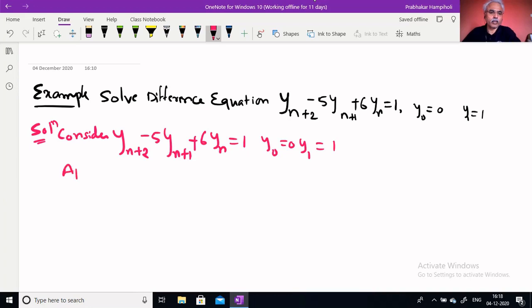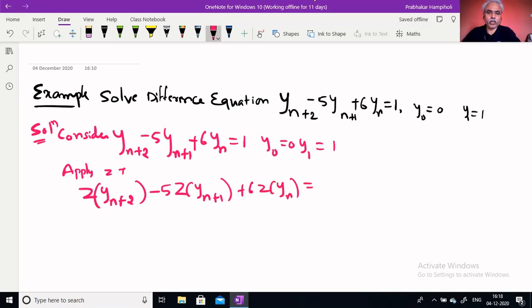Apply the z transform. So to each term of this you have to go on writing z of yn plus 2, minus 5 times z of yn plus 1, plus 6 times z of yn. On the right hand side we should never forget z of a constant, equal to 1, is z by z minus 1.